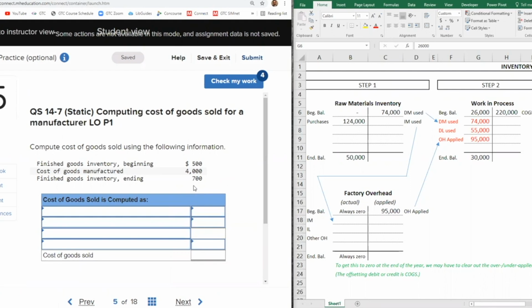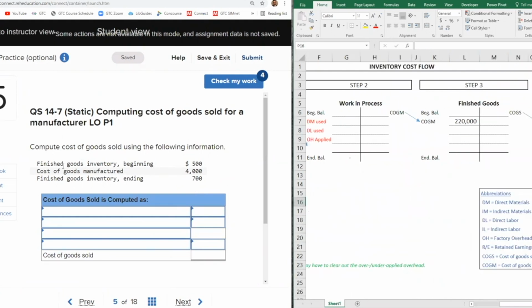Let's compute cost of goods sold. What does it mean to have beginning finished goods inventory? So this is stuff that was left over from the end of last month that we hadn't sold yet, the beginning balance in finished goods. And then this is the cost of goods that we actually finished, right? So it comes out of work in process.